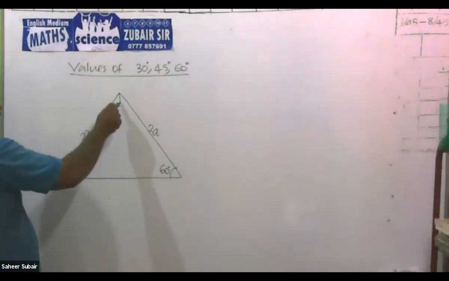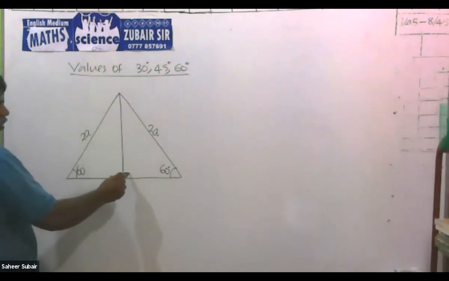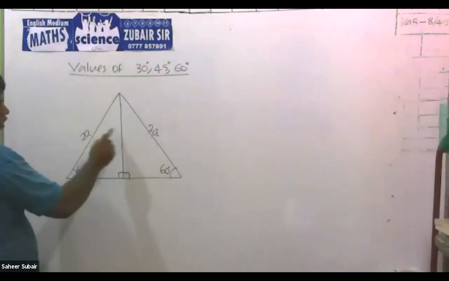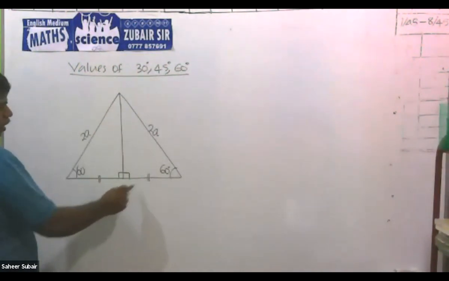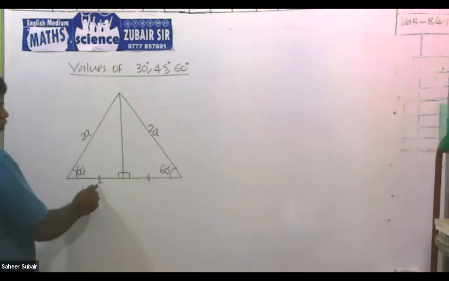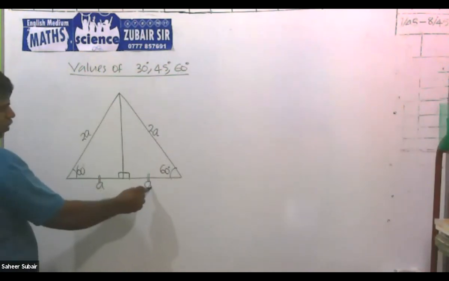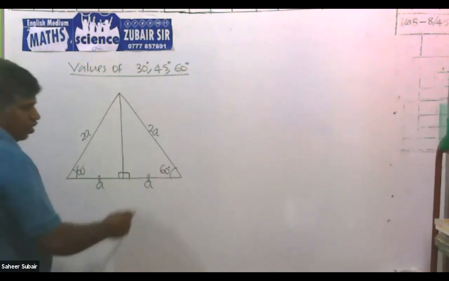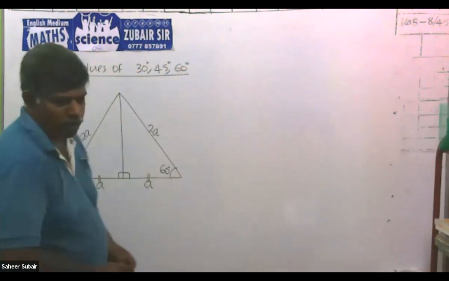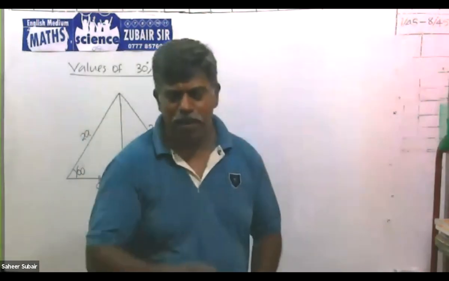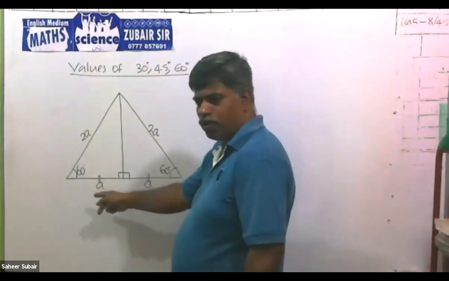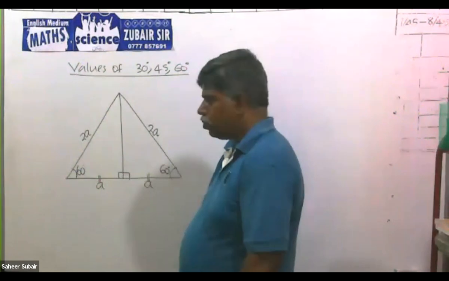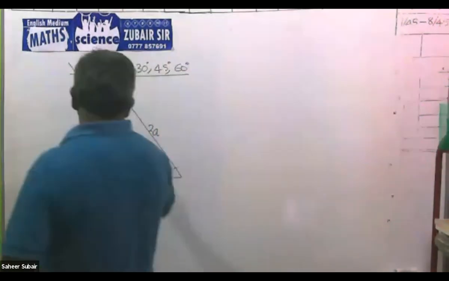Then draw a perpendicular. If you draw a perpendicular, it bisects the third side, so this part is a and this part is a, because this side is 2a.